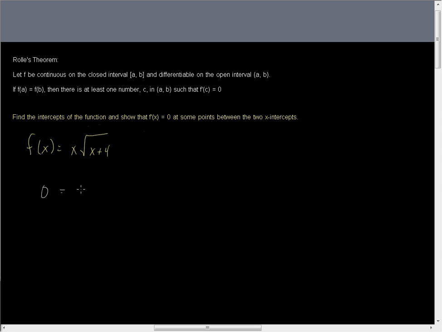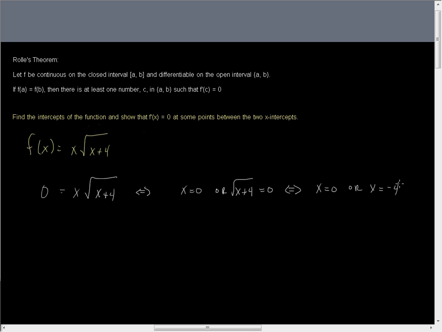So 0 is equal to x times the square root of x plus 4. This implies that x equals 0, or the square root of x plus 4 equals 0, which in turn says that x equals 0 or x equals -4.